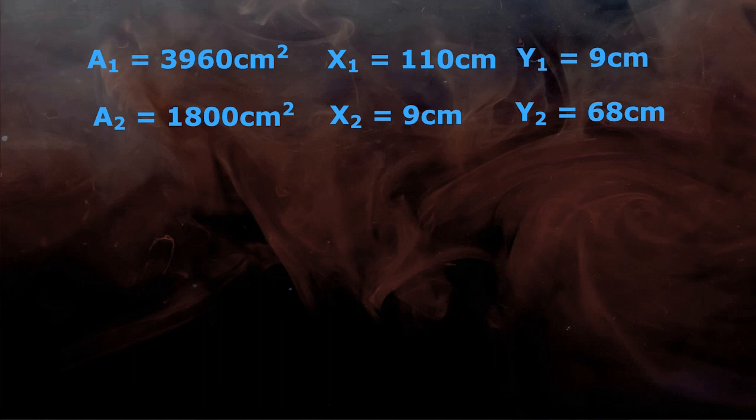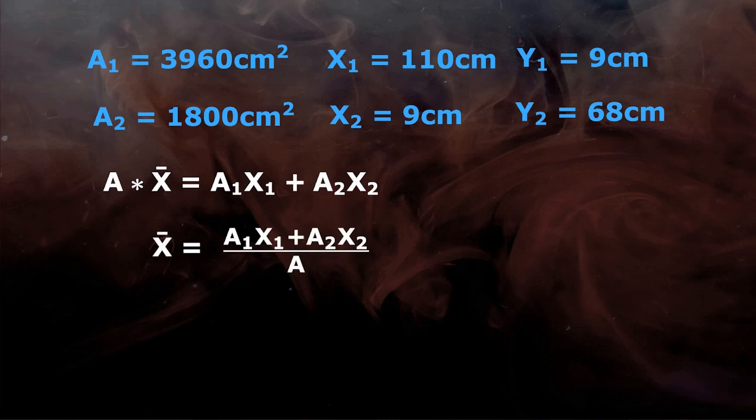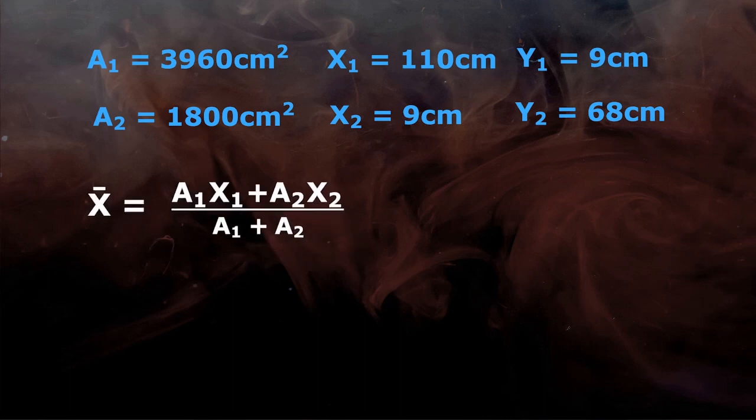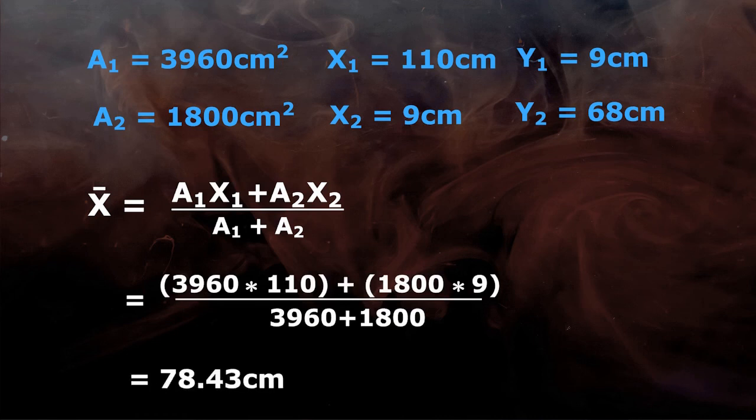So the total area moment will be equal to the summation of moments of all individual areas. Or you can memorize this equation directly. We already have the values of a1, a2, x1 and x2. So put all values and we will get x coordinate equals 78.43 centimeter.